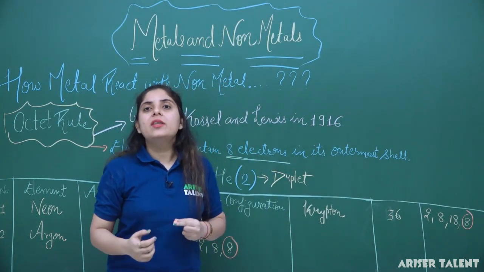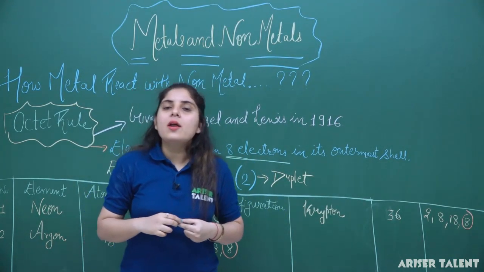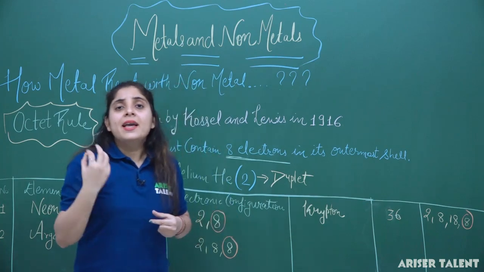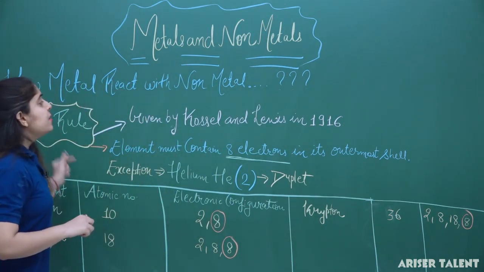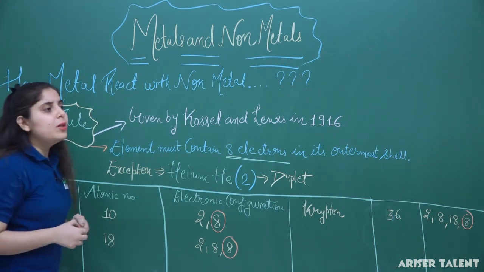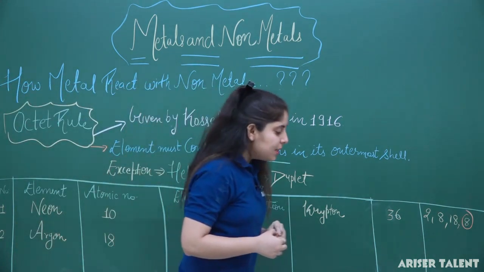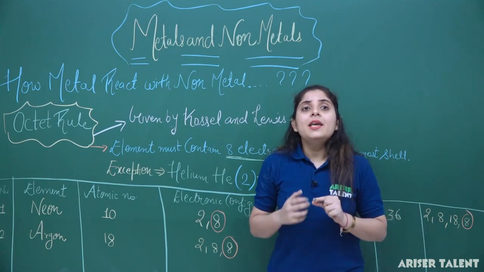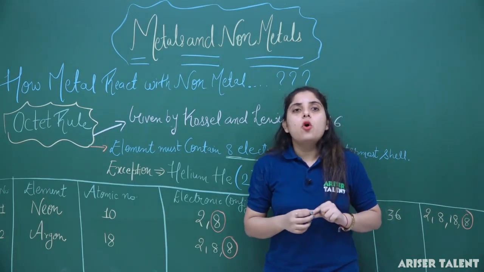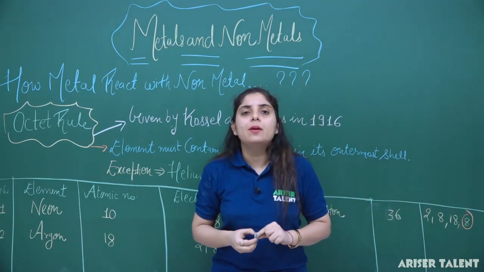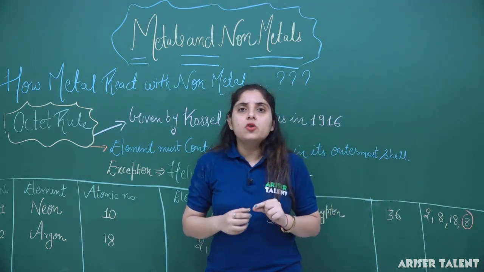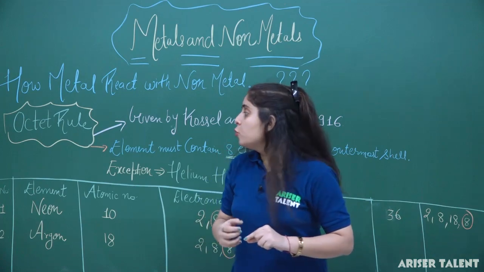So we can conclude that these kinds of elements or atoms do not need any extra electron to complete their octet. So this is all about the octet rule given by Kossel and Lewis. Now if an atom has to complete its octet or duplet, it will take the extra electron from the neighboring atom or element to complete its octet. So this will be the conclusion.